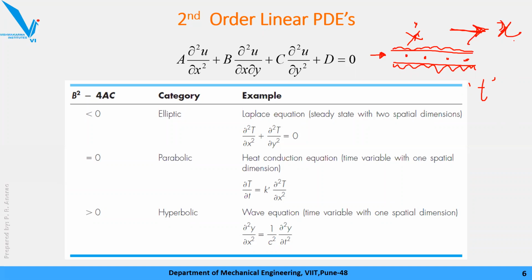Okay, so that equation consists of two variables x and t, one from space domain, one from time domain. Okay, तो इसका जो procedure होगा, right, so it belongs to parabolic category, and we have to follow some different steps to solve this kind of equation.